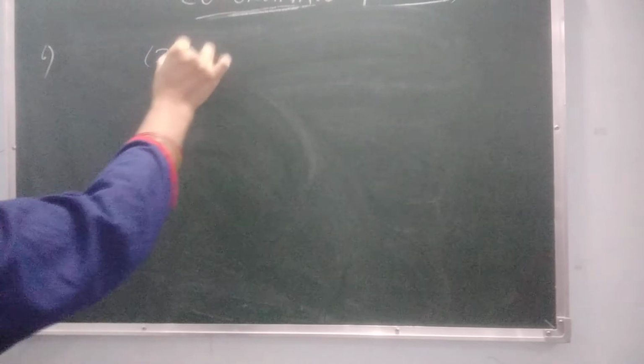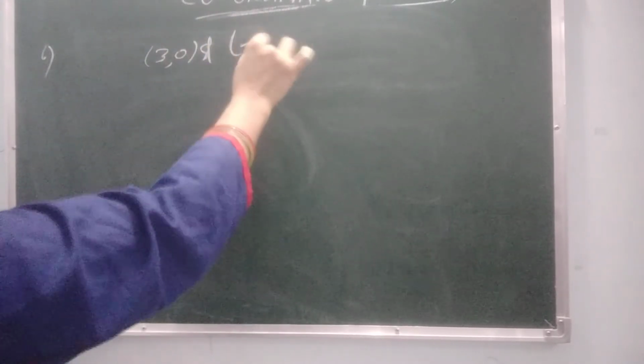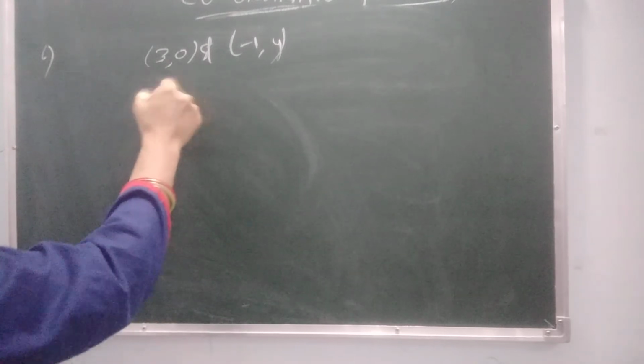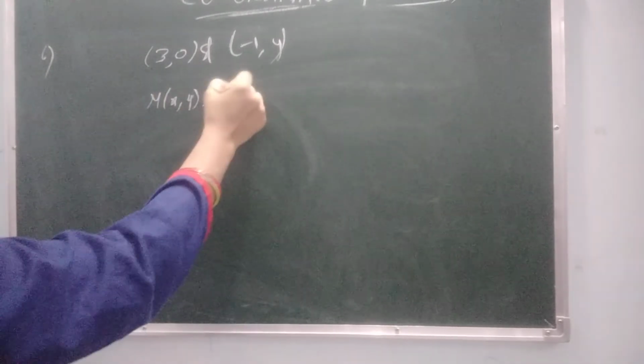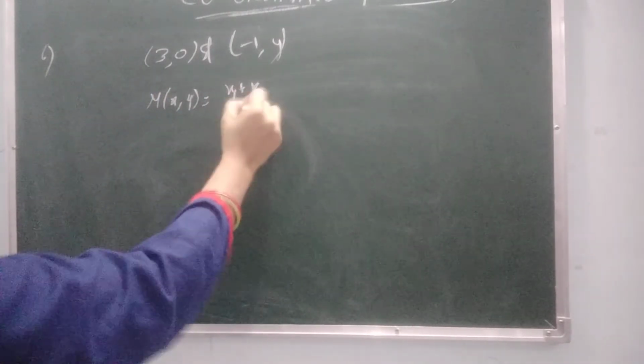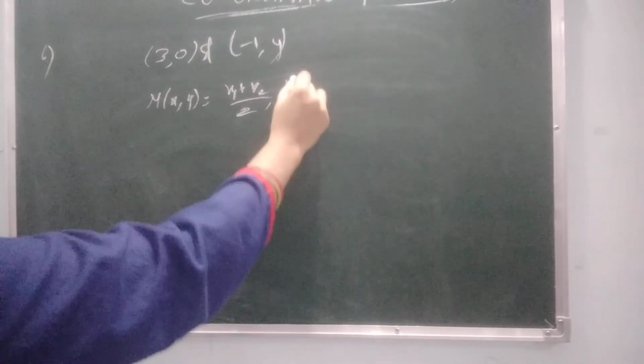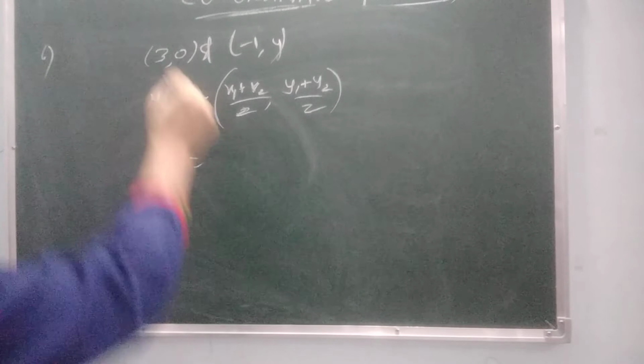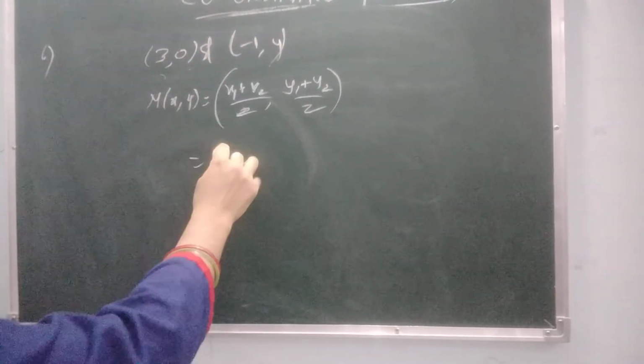If midpoint problems are asked, find the midpoint of the line segment joining any two points like (3, 0) and (-1, 4). We already know the midpoint formula. M of (x, y) is equal to (x1 plus x2) by 2 comma (y1 plus y2) by 2. Put these x1, y1 and x2, y2 values.